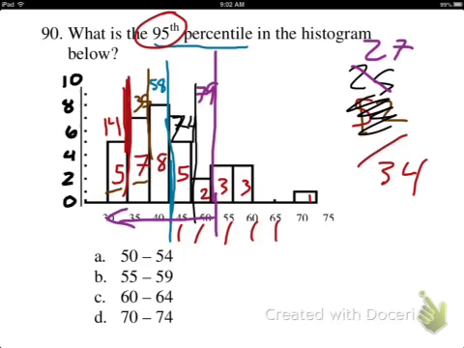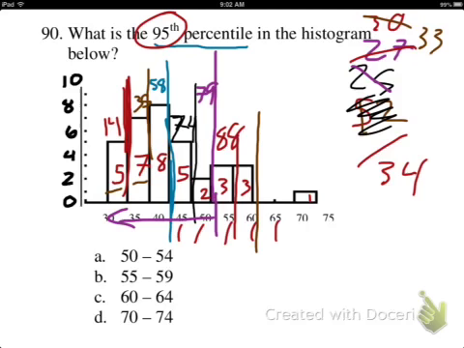We add 3 to it, so we're at 30. 30 divided by 34 is 88%. Let's go to the next one. Hopefully this one's it. Let's add 3 more to that. That's going to be 33 divided by 34. That's 97%. Okay, I think we finally got it.